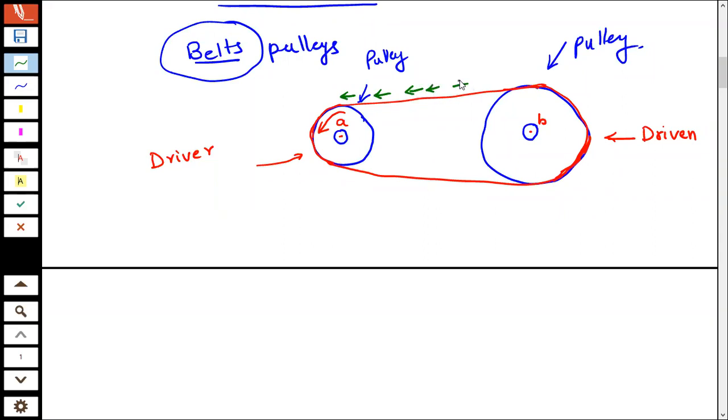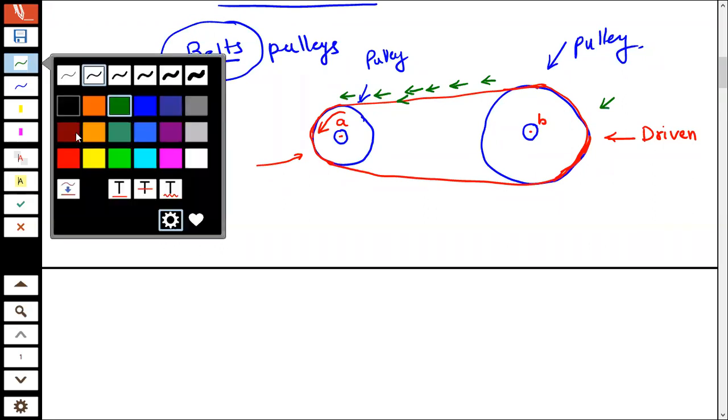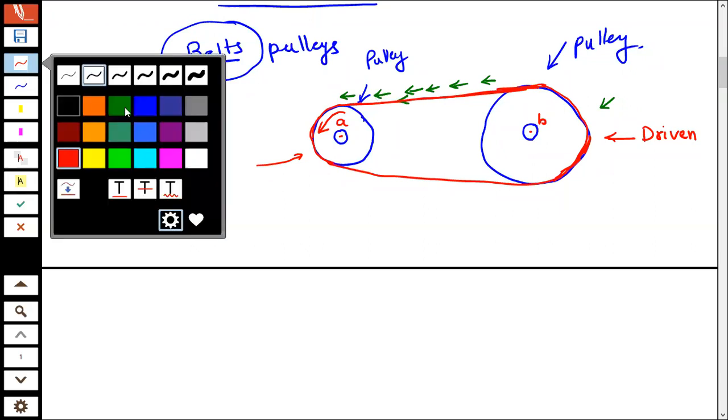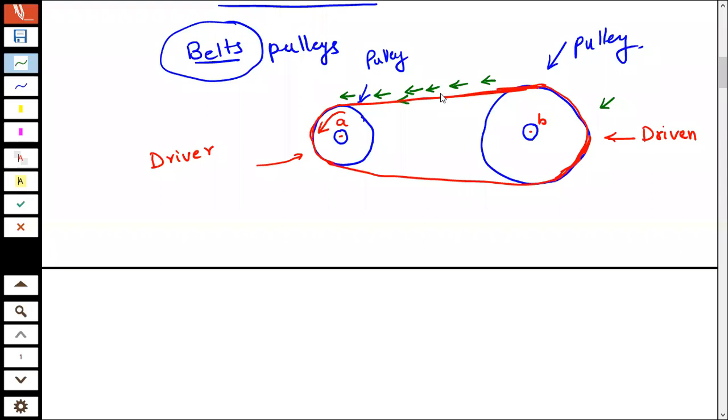But the pulley on this side is going to resist that, therefore there will be a pull generated in here, and there is going to be a tension. This belt over here is going to become very straight, by which I mean very, very tight.